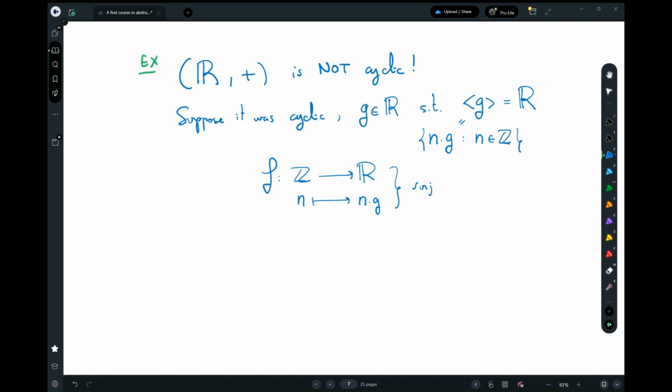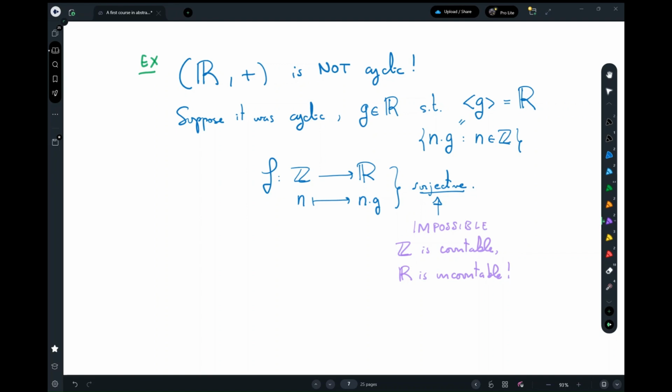This is surjective, but this is impossible, because this would give me a surjective map from something that is countable to something that is uncountable. And that is an impossibility. We cannot have such a map if you've seen enough set theory about this.